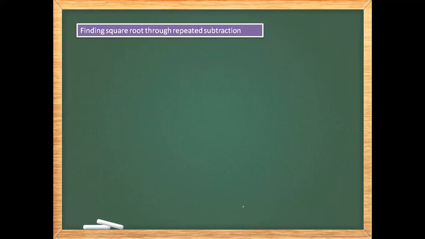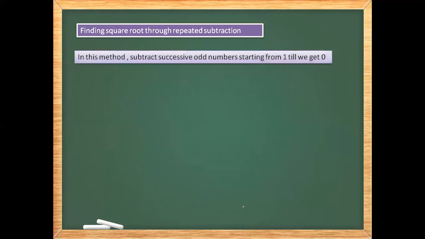We have learned that every perfect square can be written as a sum of odd natural numbers. So it is just the reverse of that. In this method, we have to subtract successive odd numbers starting from 1 till we get the answer as 0. Are you getting?